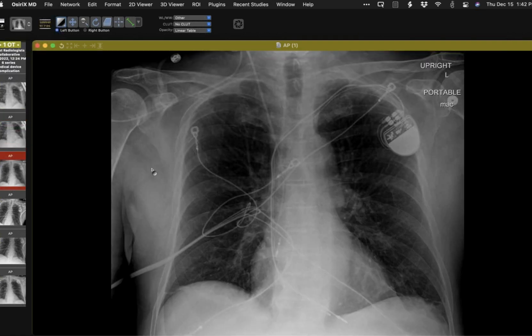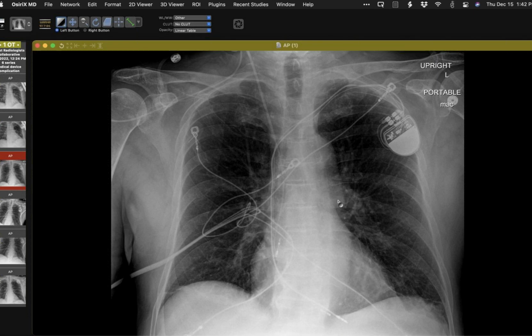And then we can see that that is properly positioned and is now in the right ventricle. So just that alone should alert one to the notion of a pacemaker malfunction, and the patient having received a temporary but acutely placed pacemaker lead into the right ventricle.